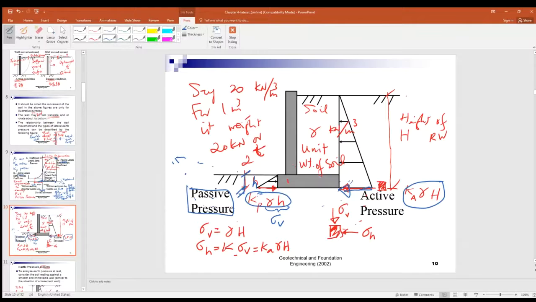So the pressure diagrams are always triangles because the pressure increases linearly with the depth. Okay, that's the complete picture for the retaining wall here. On the left, you have the passive pressure. On the right is the active pressure. Now, can you imagine how this wall moves under the soil pressure?